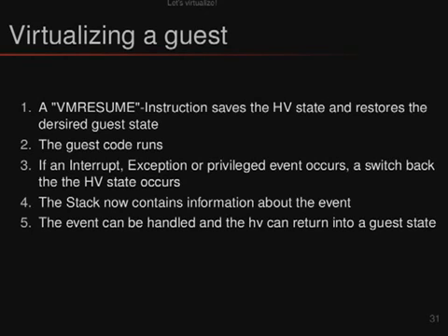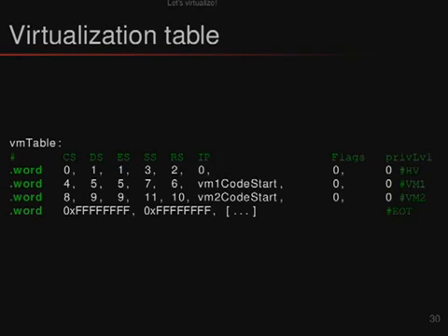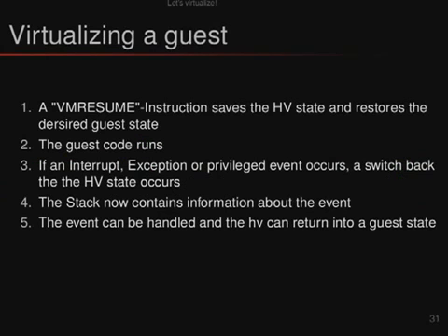So if I want to return to VM1, for example, I would execute VM resume 1, and then the second row is completely loaded and executed. If I want to jump into VM2, then I would execute VM resume 2, and the third row is loaded. VM resume 0 is illegal. I never tried what it does, but I think it does nothing good. So it's undefined behavior, because that's a hypervisor state. You don't return into a virtualized hypervisor state.